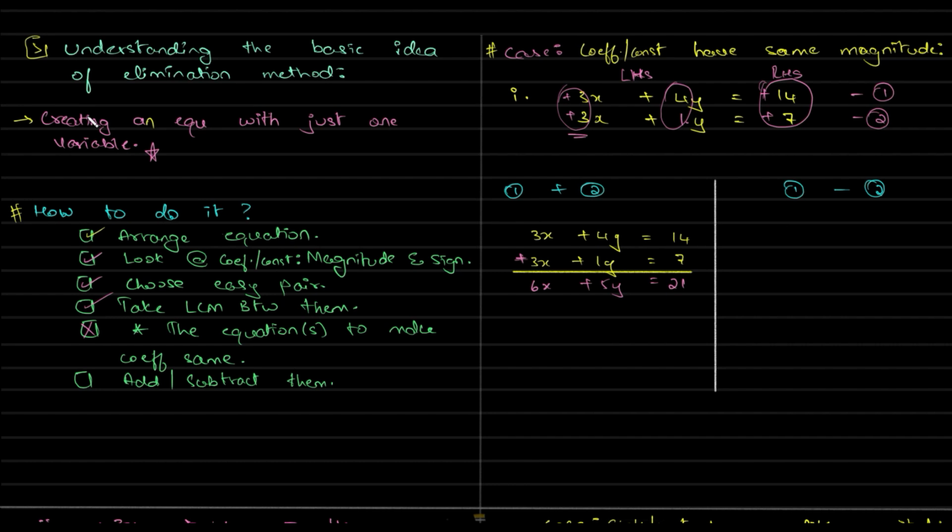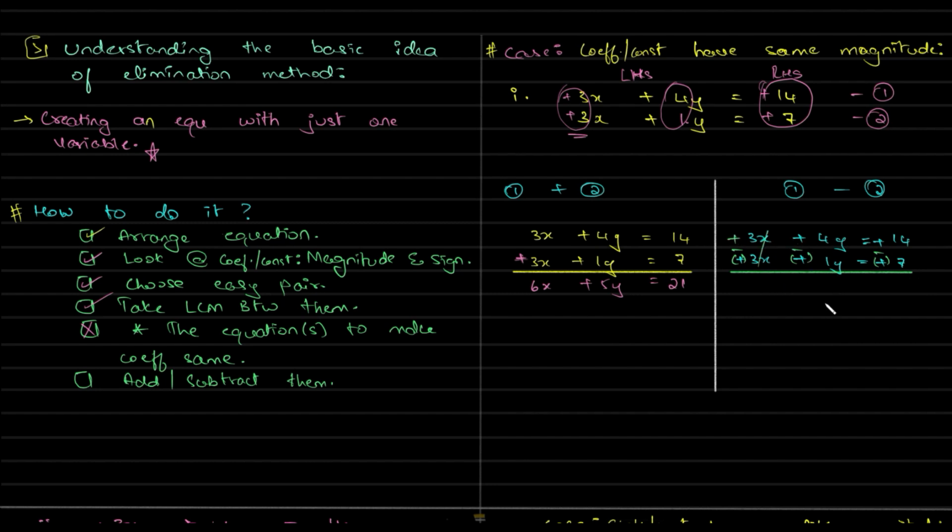Now let's subtract them. 3x plus 4y is equal to 14. 3x plus 1y is equal to plus 7. So we have minus, minus, minus. So plus 3x minus 3x, 0.